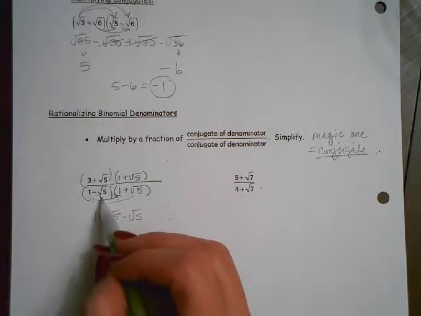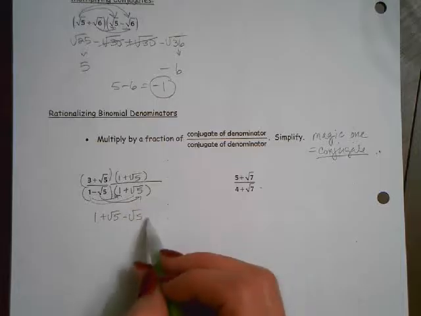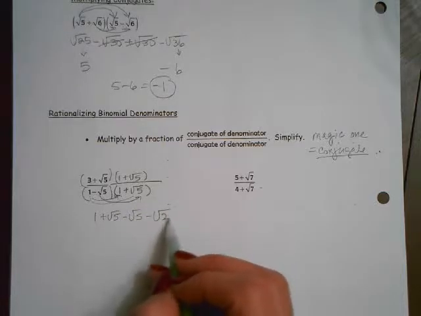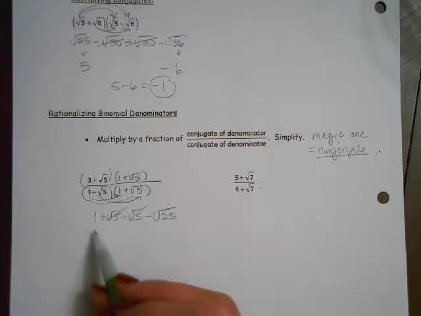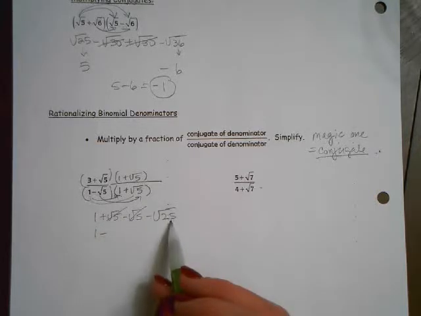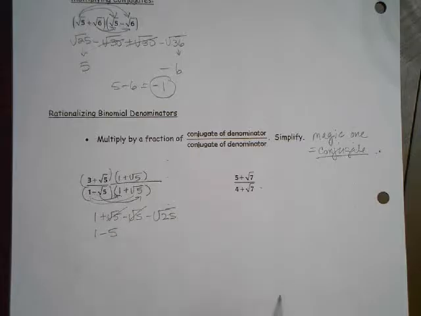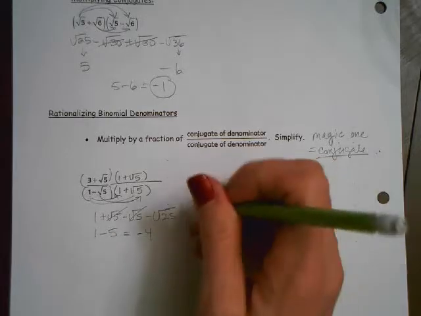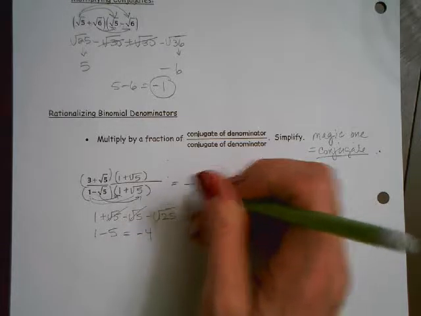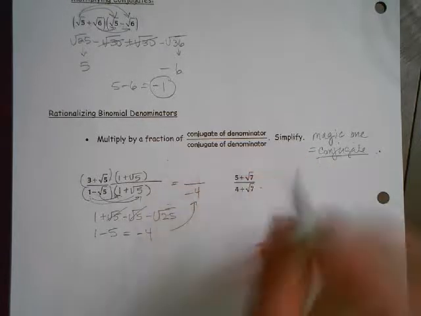And then a negative square root of 5 times a positive square root of 5 is going to be a negative square root of 25. So these are going to cancel. I have 1 minus the square root of 25, which is 1 minus 5. So that equals negative 4. So my bottom equals negative 4.